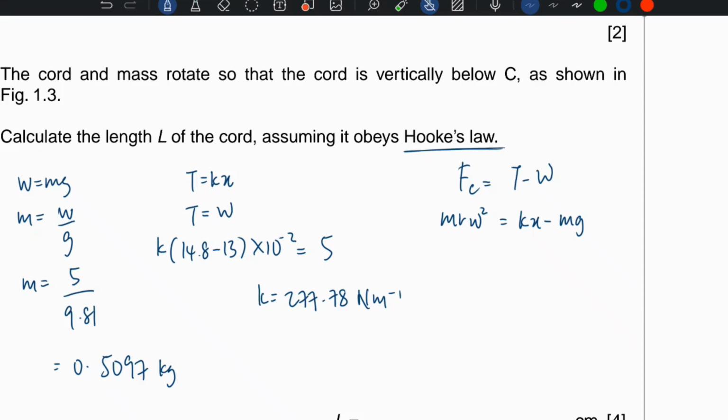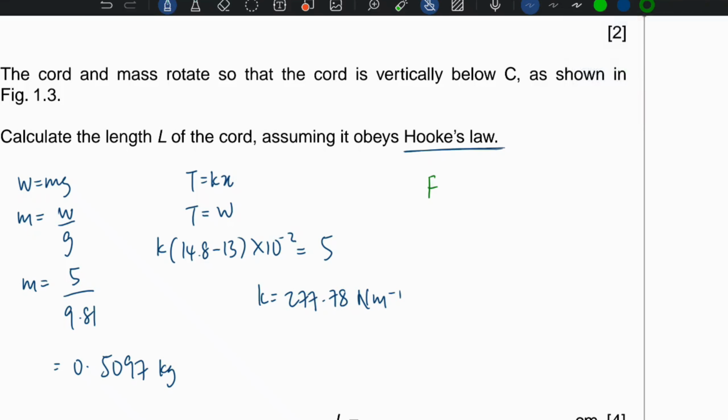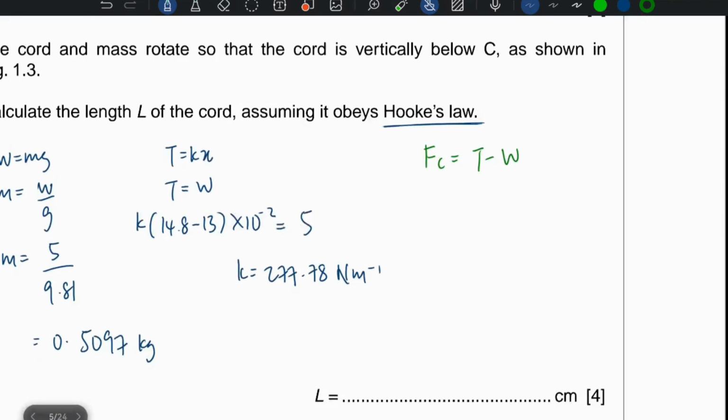We can now calculate our L. Let me use a different color for this so that you can see. Let's go with green now. You can't choose color in the exam, so it doesn't matter actually, I just wanted a different color.